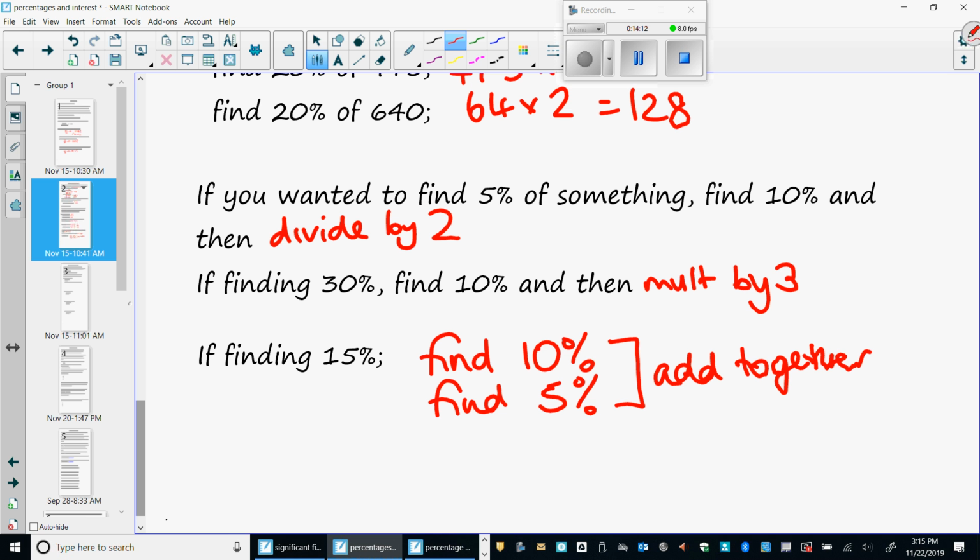So you just have to remember. For 20%, you could say, okay, how many lots of 20% are in 100%? 5. So you could divide the number just by 5 if you prefer that method.